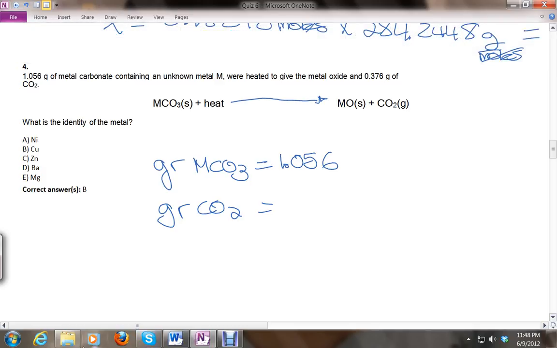I want you to do it, but in the video I'm just going to do it in the calculator. It's going to be 44.00. The molar mass of CO2 is going to be 44.0098 grams per mole.